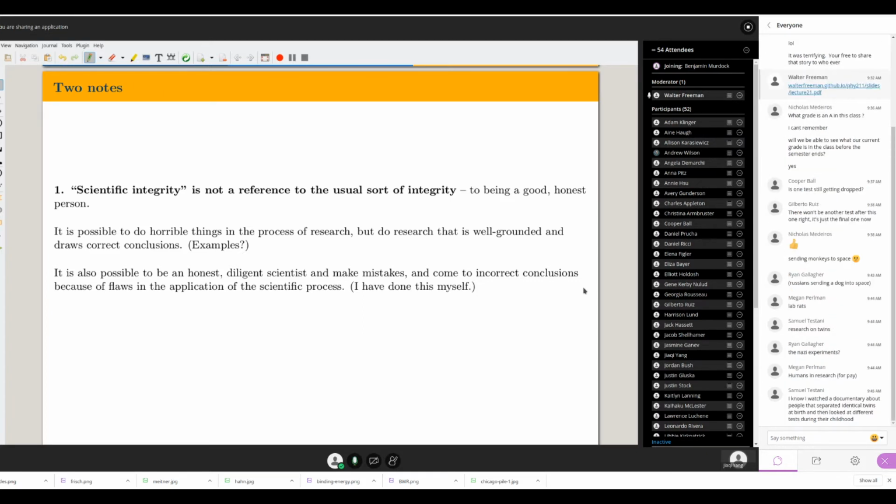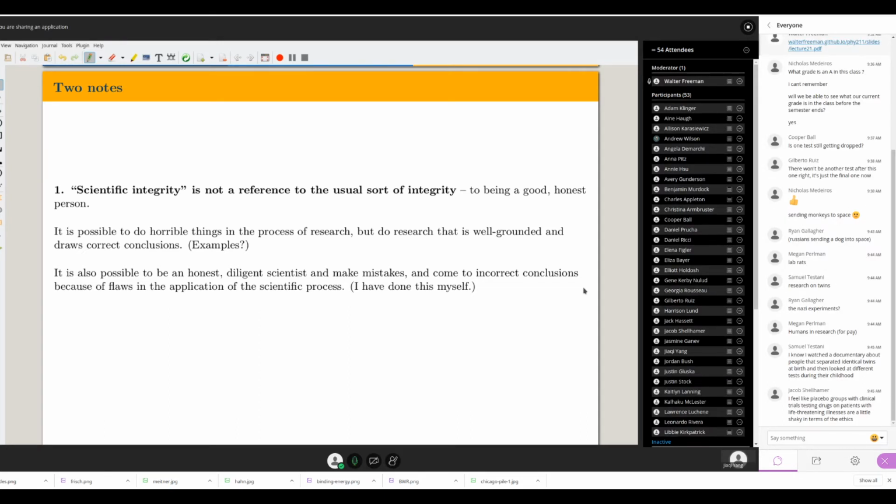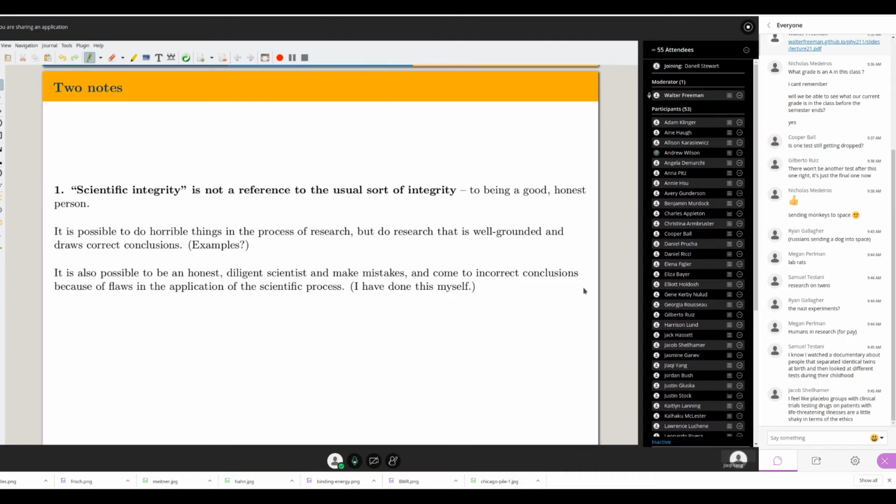Yeah, Samuel mentions this idea of separating identical twins at birth, not for their benefit. Everyone's talking about human subjects research, and this is a huge minefield, right?